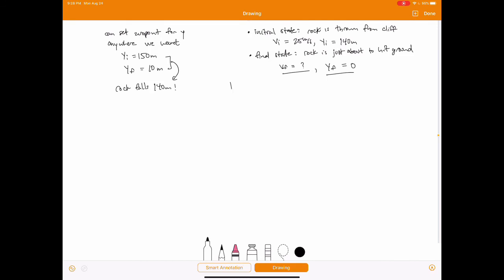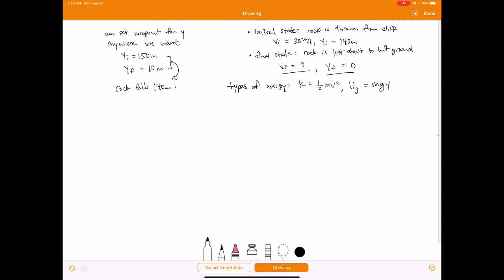All right, so what types of energy do we have to think about? Well, we're certainly going to have to think about kinetic energy because the rock is moving. And we'll also have potential energy, specifically gravitational potential energy, because the rock is moving under the influence of gravity. So we'll have mgy for that.